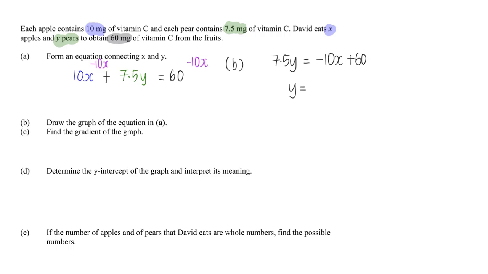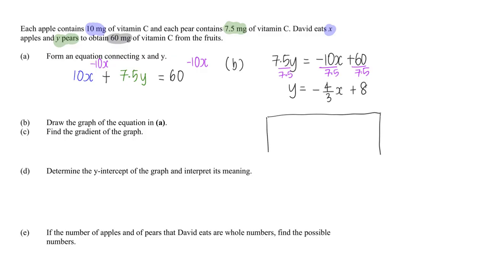And that will give me, when I divide by 7.5 throughout the equation, y equals negative 4 over 3 x, and this will give me positive 8. And this is important because I'm going to now have a table of values.